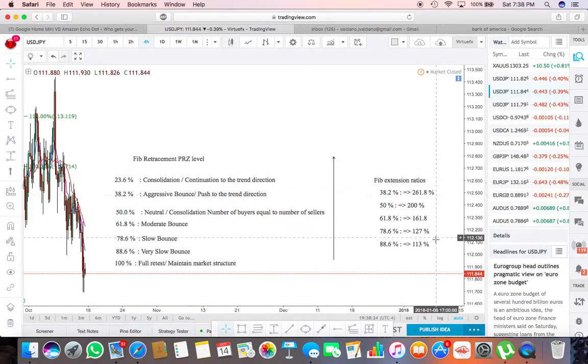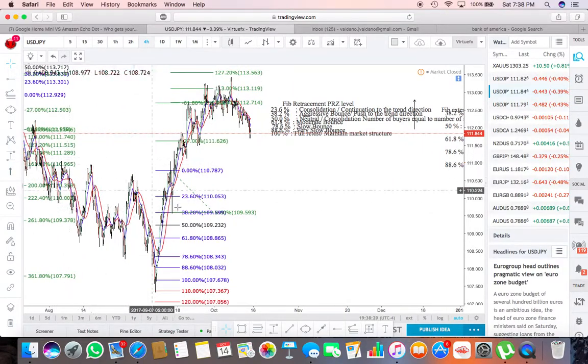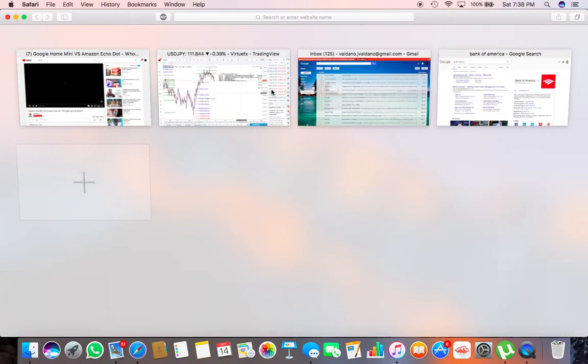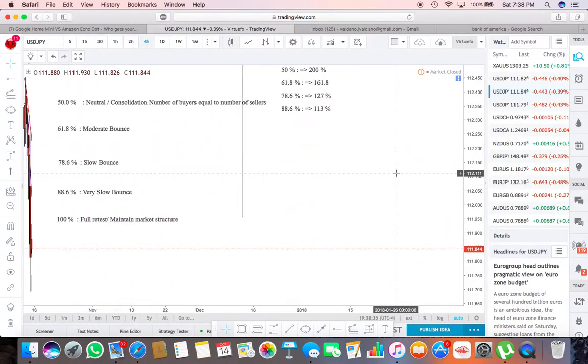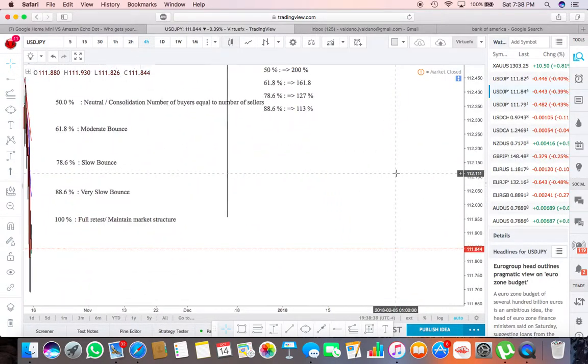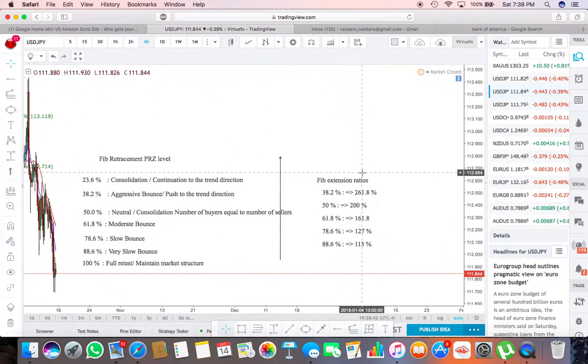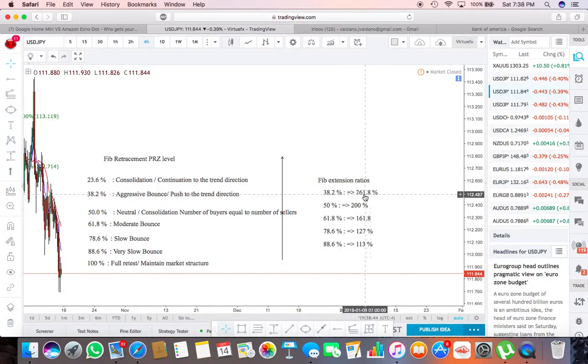And this is the ratio for the Fib extension tool, like the one I just told you about: 38.2 to 261.8, 50% to 200%, 61.8 to 161.8, 78.6 to 127, 88.6 to 113.